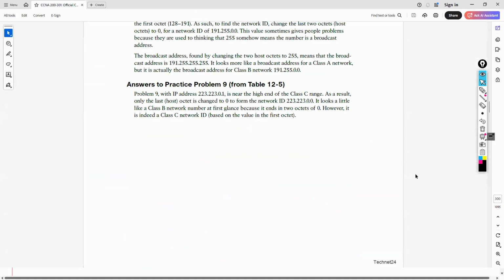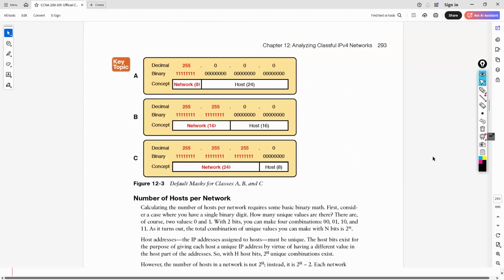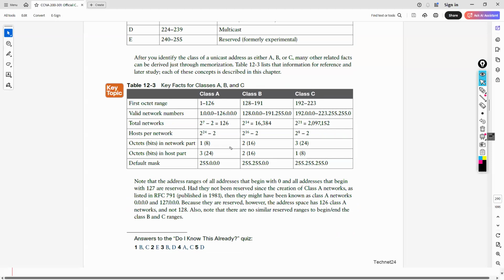So that is what is mentioned here, right? Leave this part, you will be confused. Okay, so you can see hosts per network.